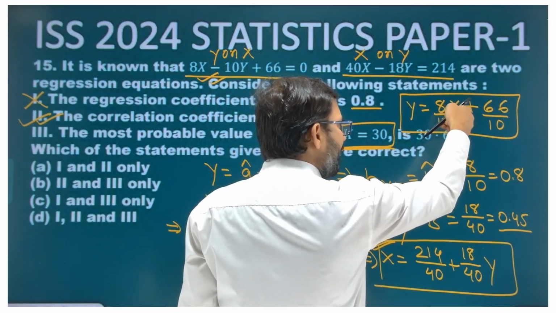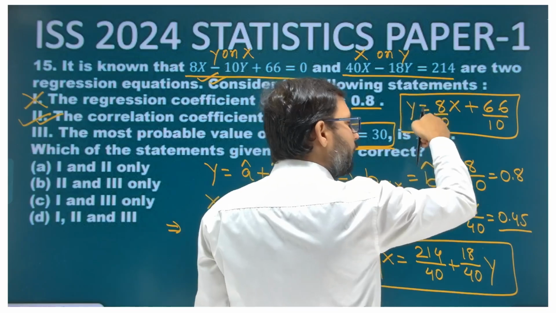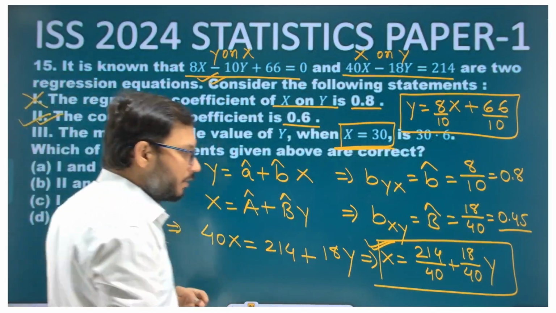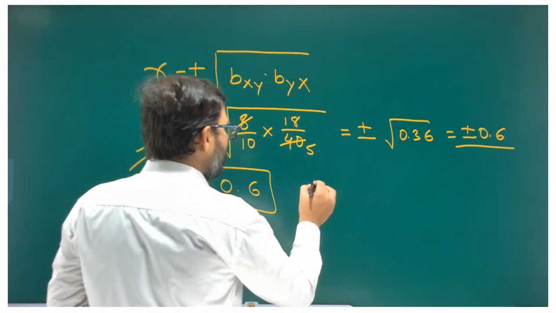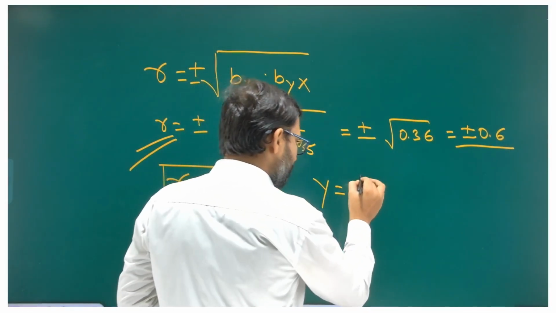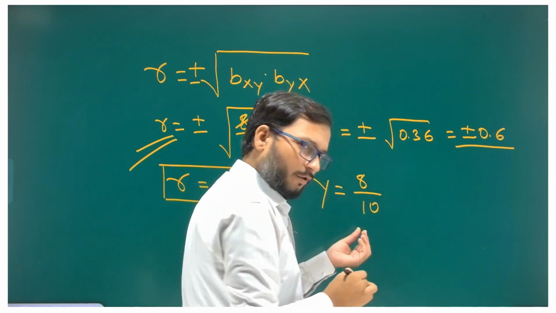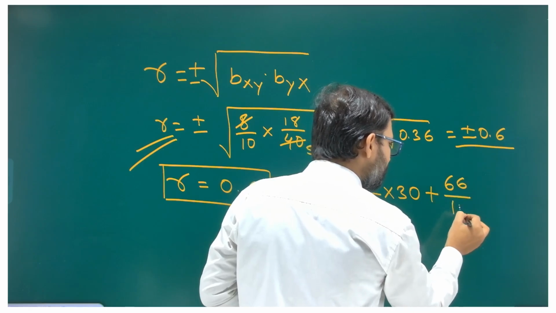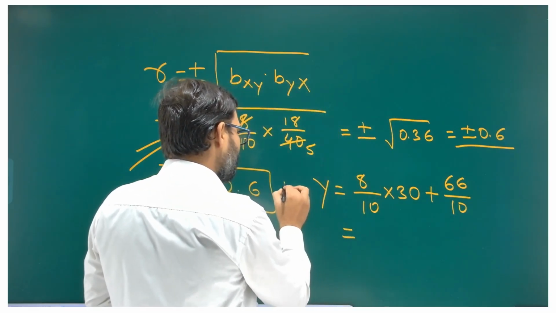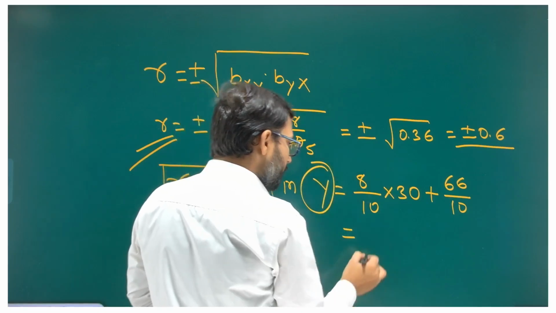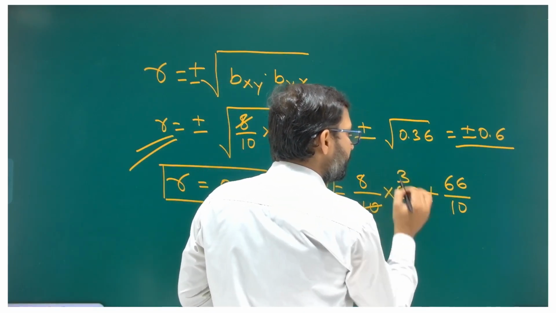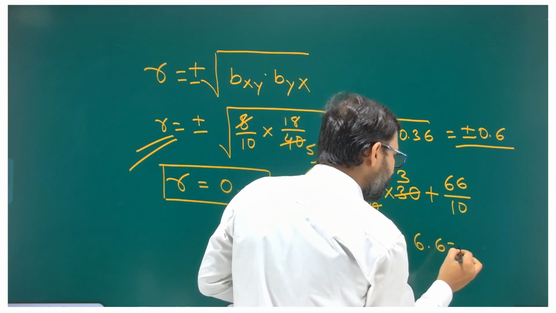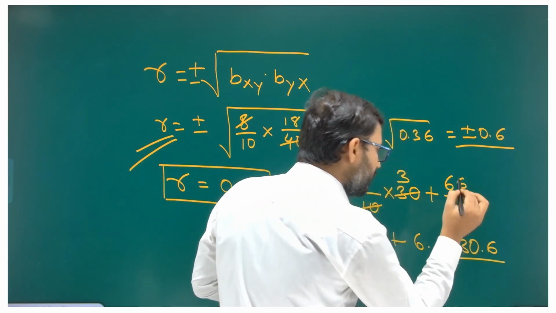If we put x equal to 30, the value of y we get will be the most probable value of y. So y equals 8 by 10 into 30 plus 66 upon 10, which is 24 plus 6.6, that is 30.6.